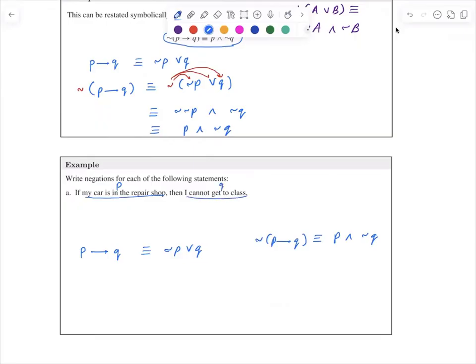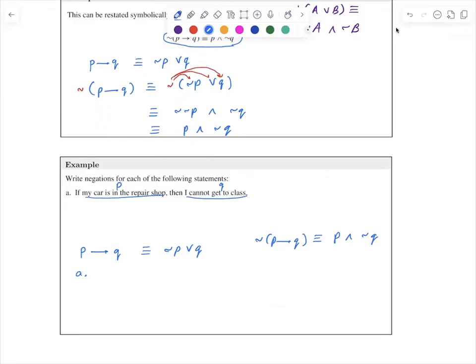Then you have Q. Well, in order to write down the negation of this statement, you just need to copy down P, which is my car is in the repair shop, and I can get to class. For example, you can take the bus, correct? Let us write this down.